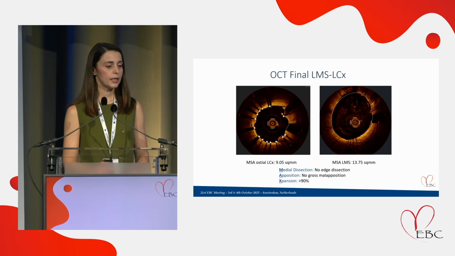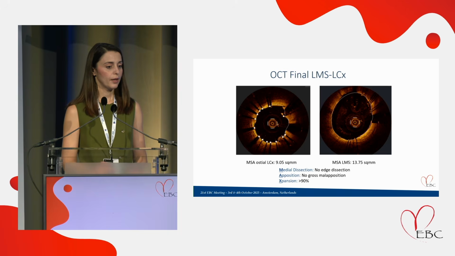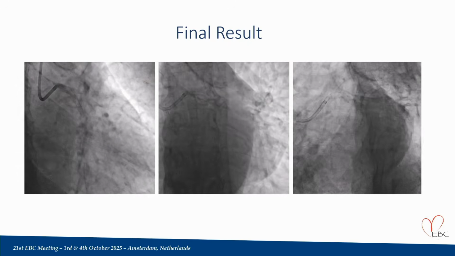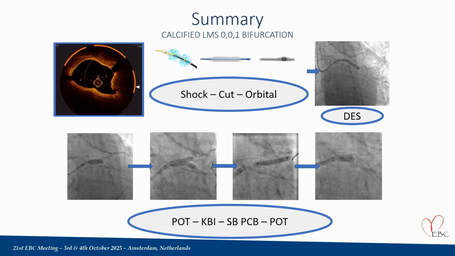The OCT in the left main showed an MSA of 13.75, and the circumflex was 9 square millimeters. So it's a good result. I'm sure you'll agree the final angiographic result is also good.